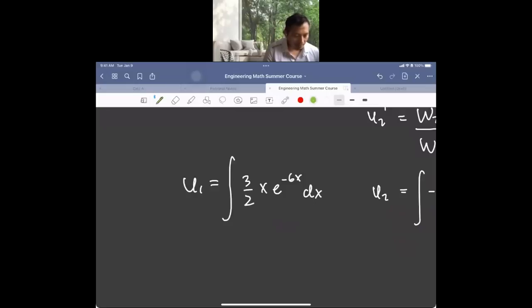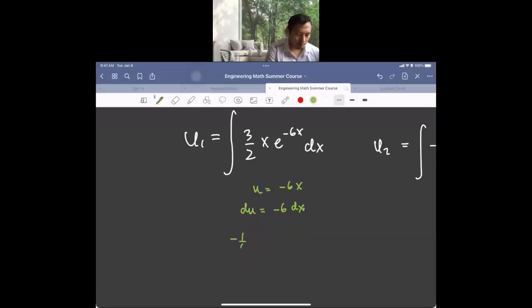Okay, now integrate this. I think we can use substitution. So we are having negative 1 over 6, 3 over 2, integration. I think you can just use integration by parts, I think faster.